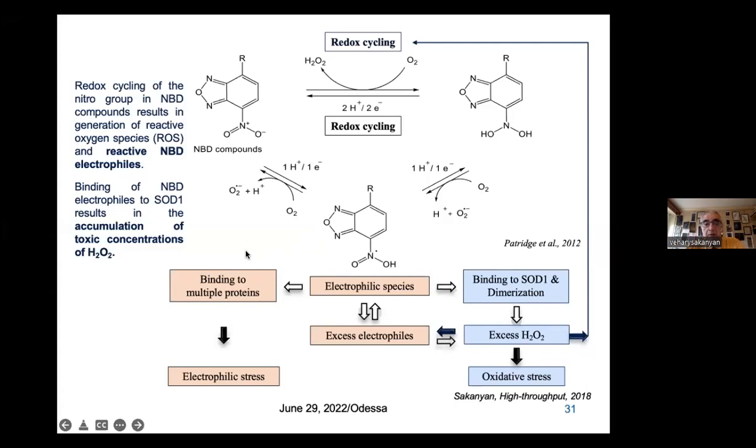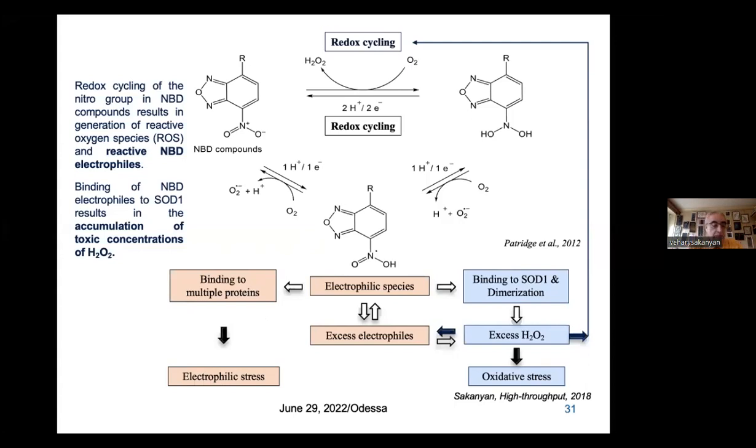And we have, indeed, as I mentioned, binding to multiple proteins, and it leads to the generation of electrophilic stress. So here to the right, another thing, they bond to SOD1, and to explain how it happens, this redox cycling goes through the SOD1 dimerization.